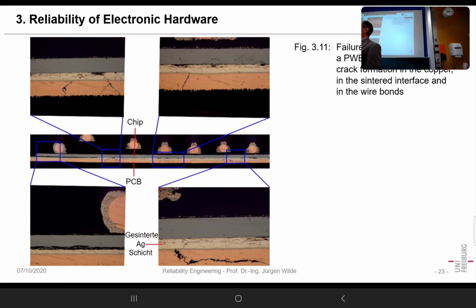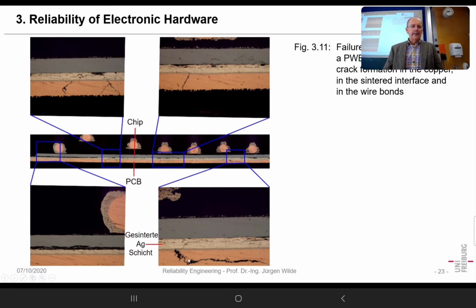When you have a wear-out process, in most cases, you could say it's one thing. For instance, here are the bonding wires, and due to the CTE mismatch, the bonding wires lift off. On the other hand, we have a CTE mismatch between the copper and the silicon, and that leads to cracks here in the die attachment, which is silver sintering.